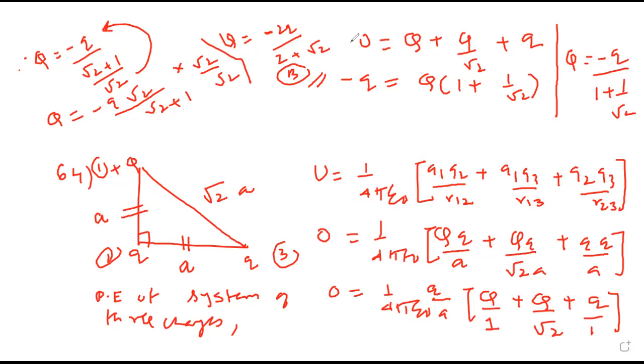Done, sir. Work done in carrying a charge of 5 microcoulomb from a point A to point B in an electric field is 10 millijoule.